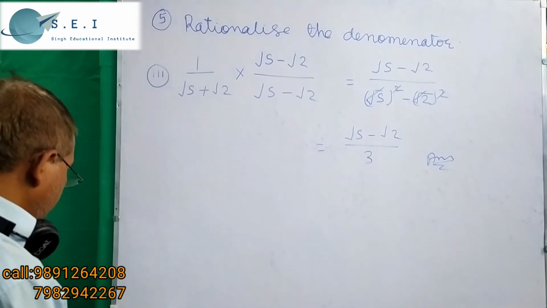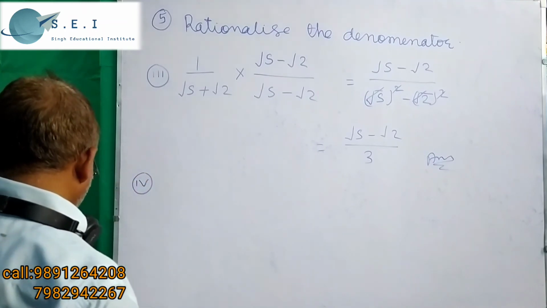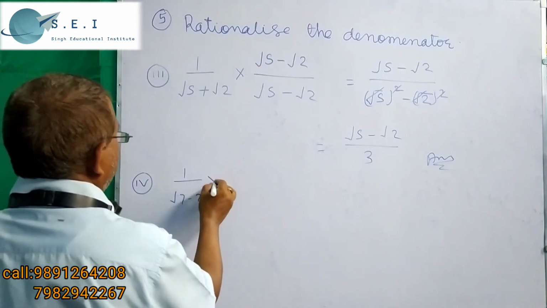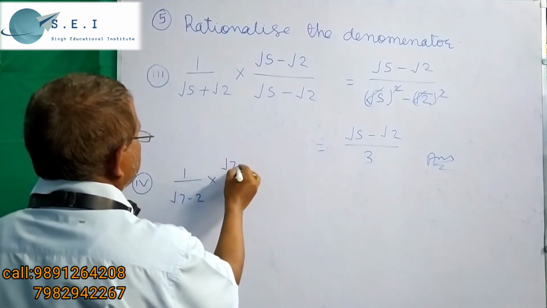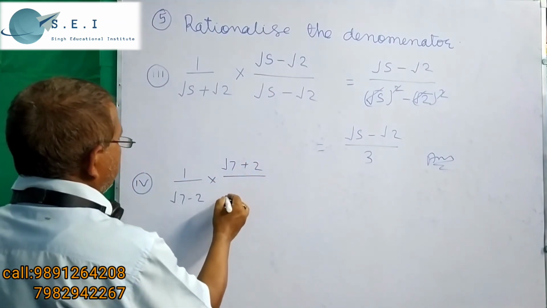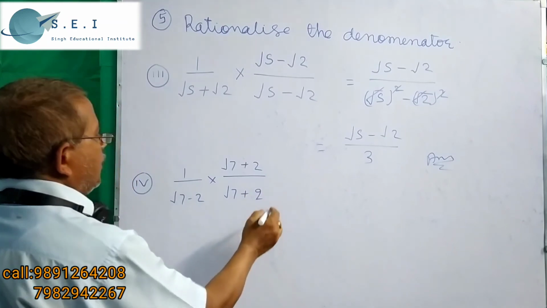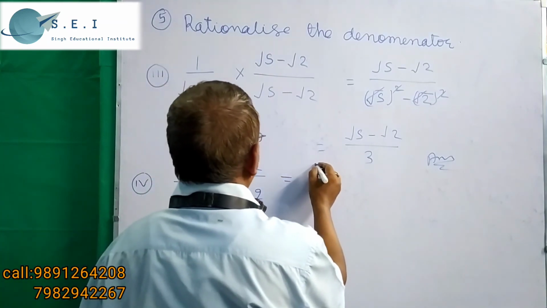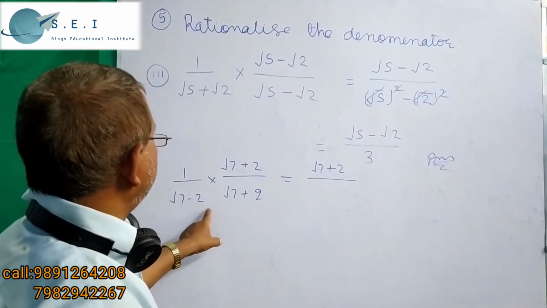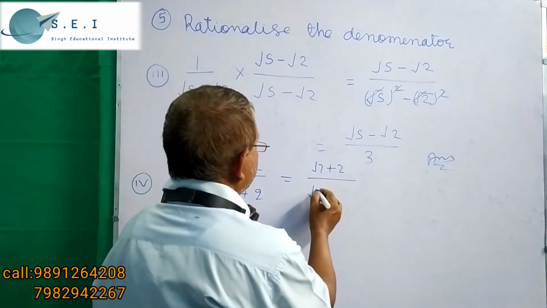Now the next question is the fourth part of question number 5, which is 1 upon root under 7 minus 2. The rationalizing factor is root under 7 plus 2, which should be multiplied with the numerator as well as the denominator. Now the numerator is root under 7 plus 2, while the denominator is multiplied using the identity a minus b into a plus b, which is equal to a square minus b square.